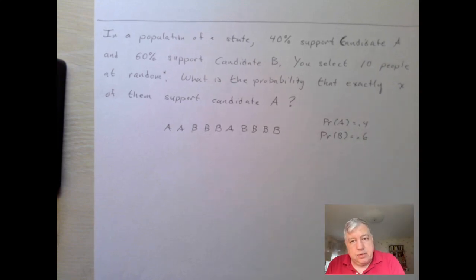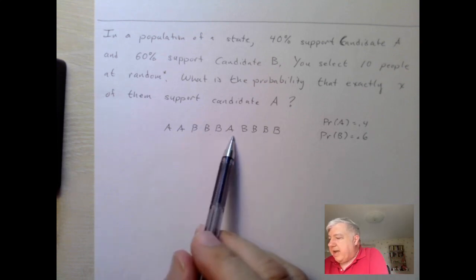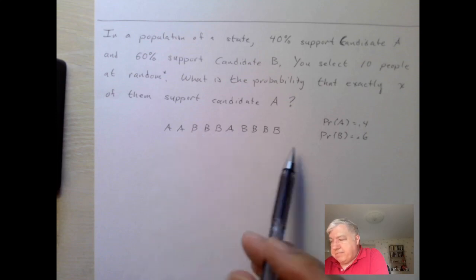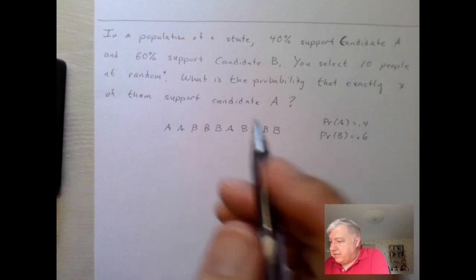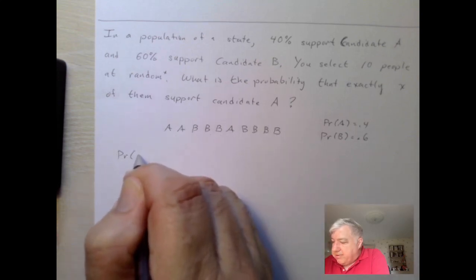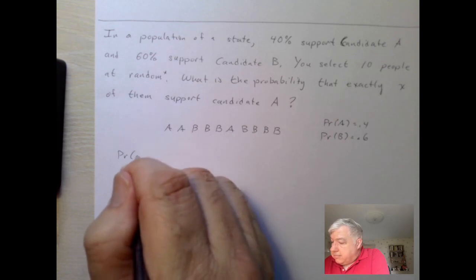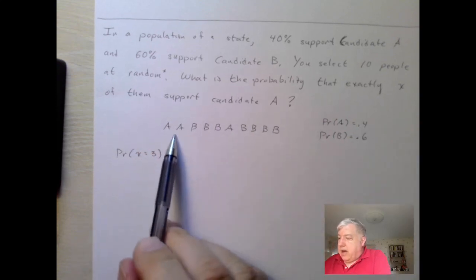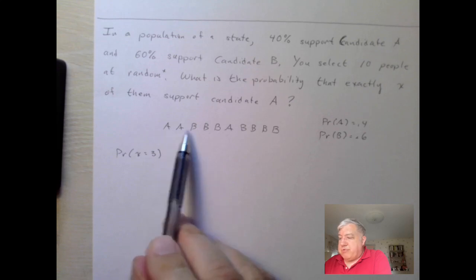and in this case, we have 3 A's and 7 B's, right? So if we wanted to find the probability that exactly 3 support A, how many ways can you put 3 A's in here?